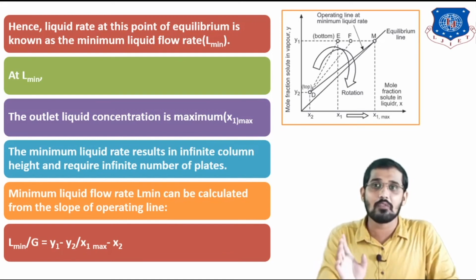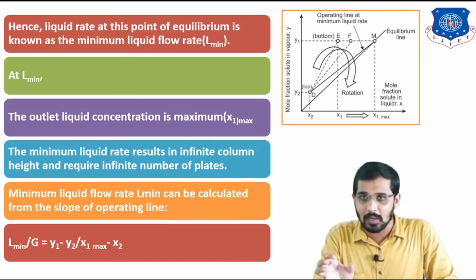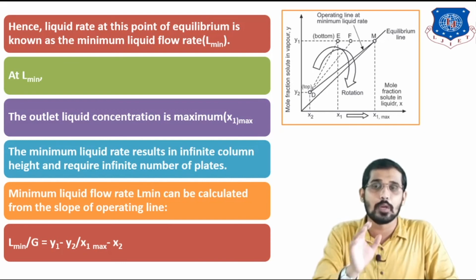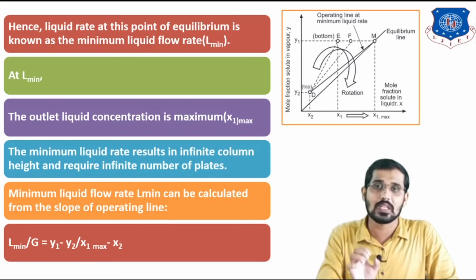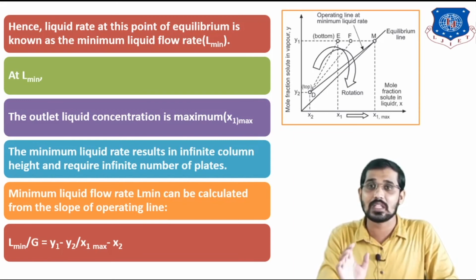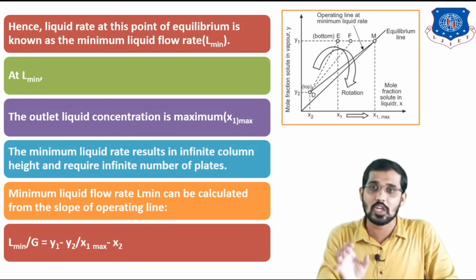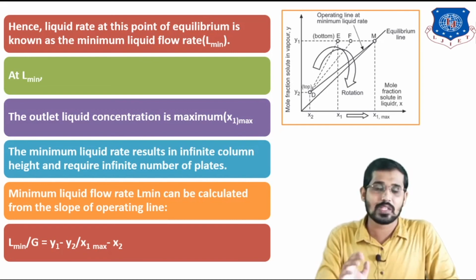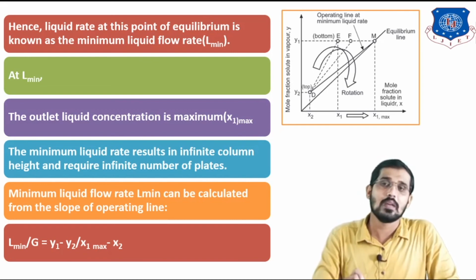Why are we taking y1 minus y2? Because the value of y1 is maximum as compared to y2. You can see in this figure y1 is greater than y2, and y1 minus y2 is nothing but delta y, and divided by x1 max minus x2, this is nothing but delta x, and x1 max is the maximum value of the mole fraction of the solute component in the liquid phase. x1 max is greater than x2, that's why we write x1 max minus x2.